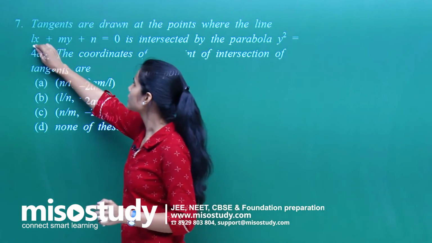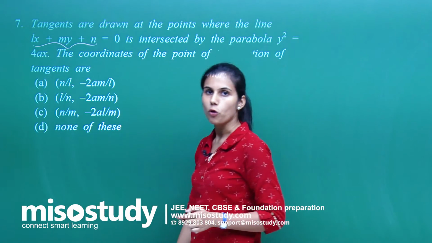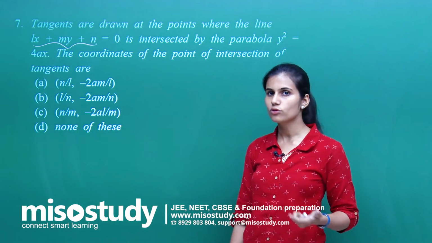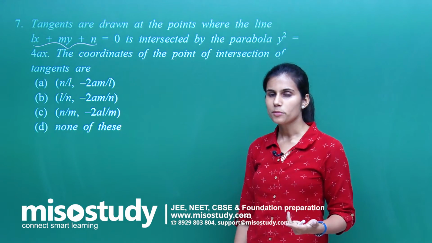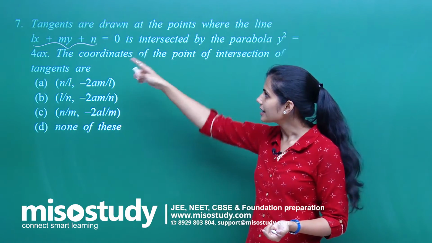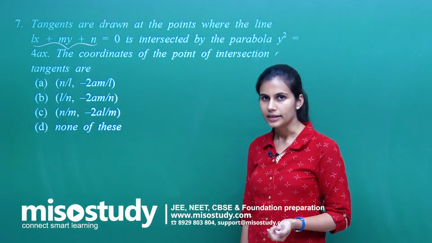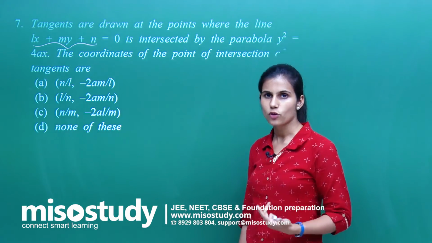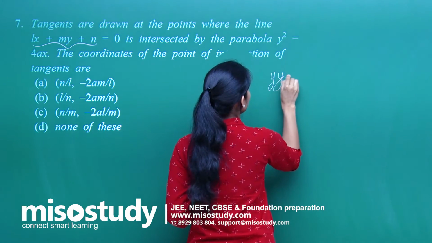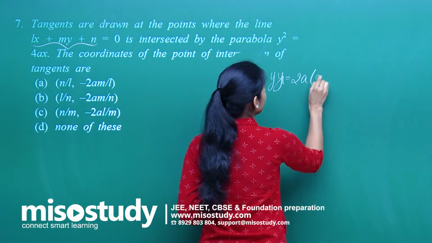That means this line happens to be the chord of contact of the two tangents from the point x1 comma y1. I don't know what that is. Some point x1 comma y1 is there, where these two tangents are intersecting, and this is the chord of contact, right? So what is the equation of the chord of contact? It is y y1 equals 2a times x plus x1.